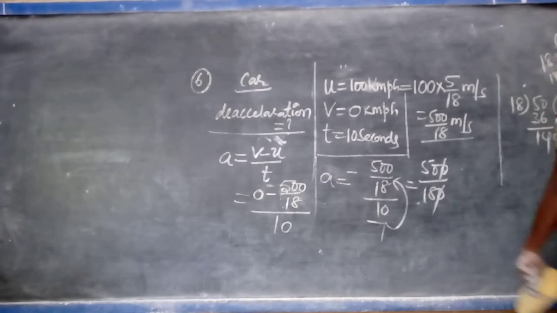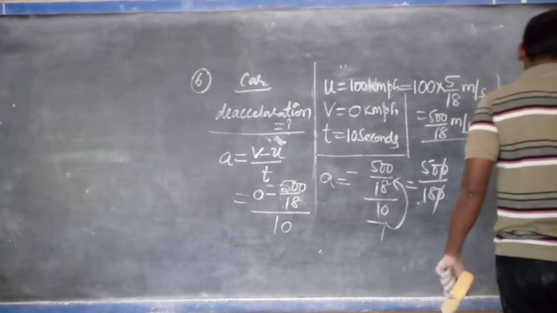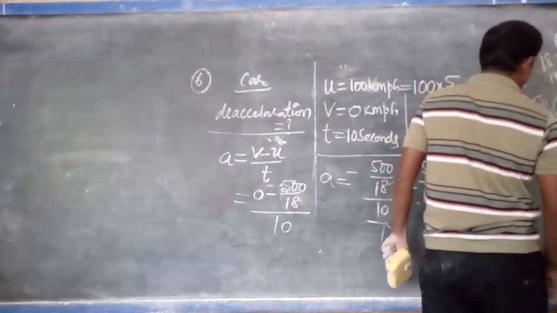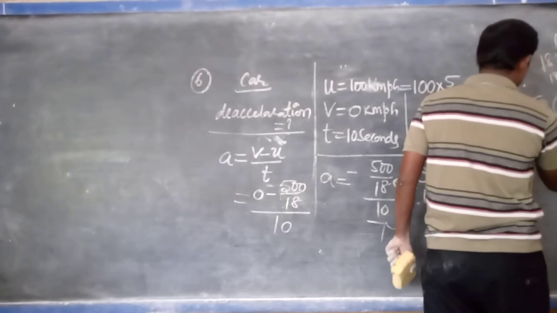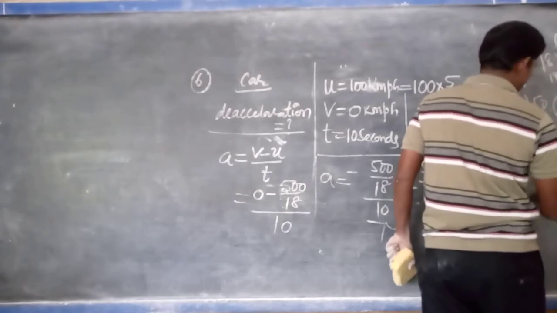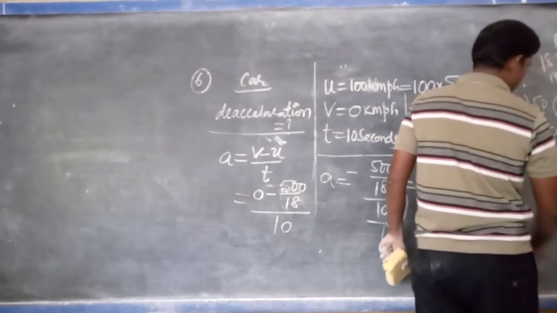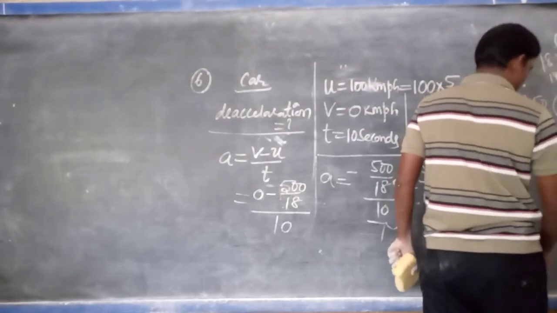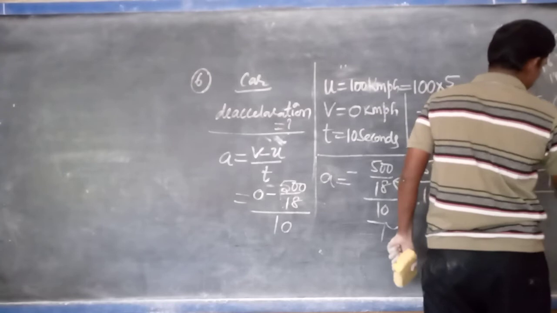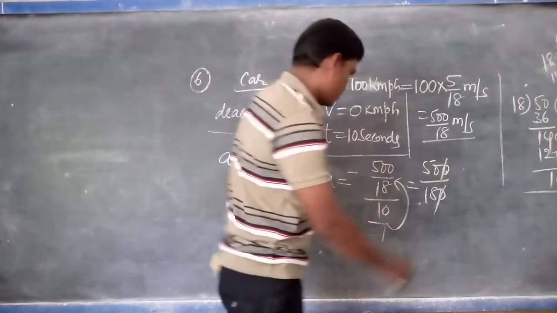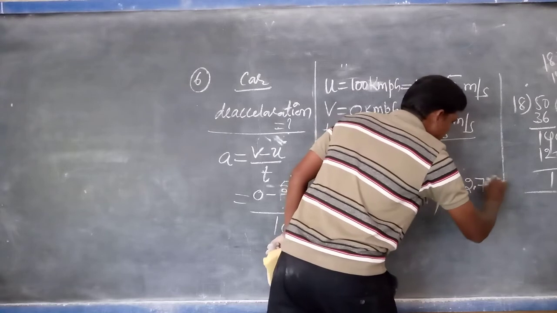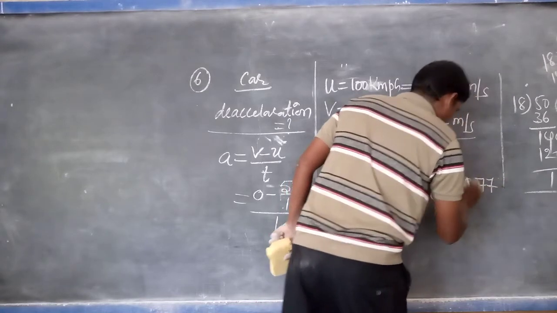So 50 by 18 is nothing but 2.77. Okay. Here, what is the sign?